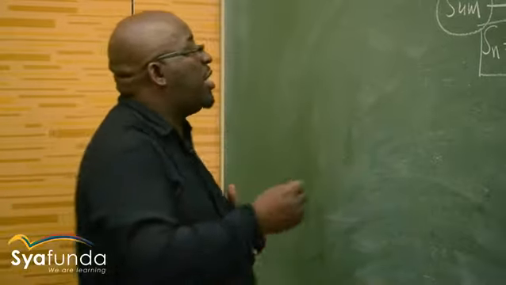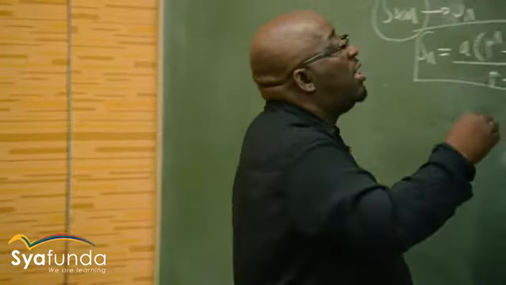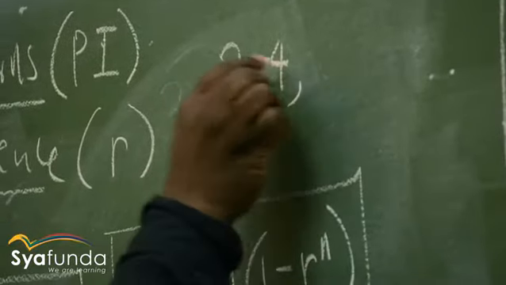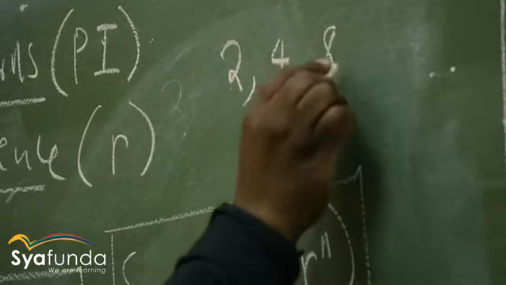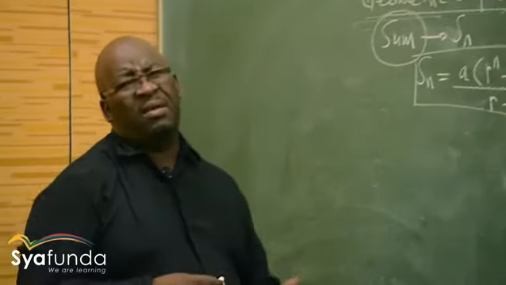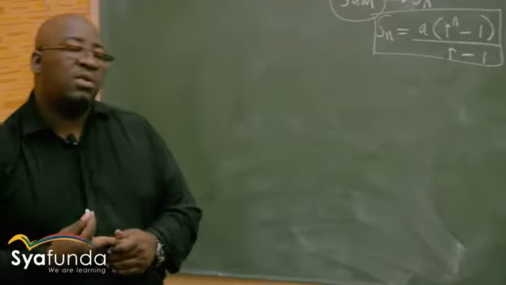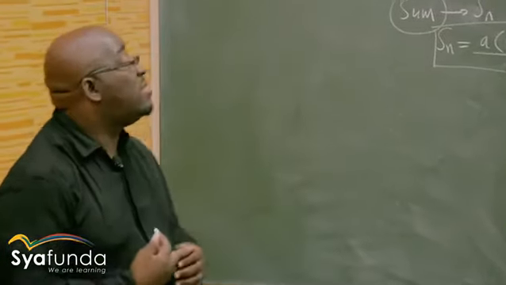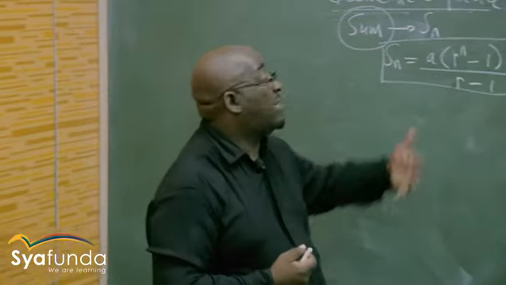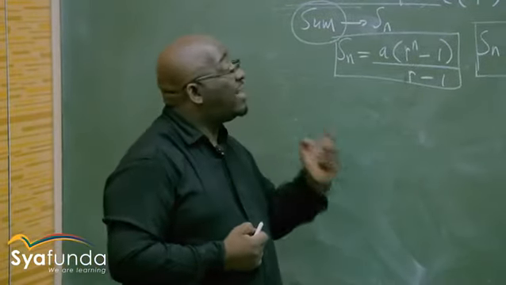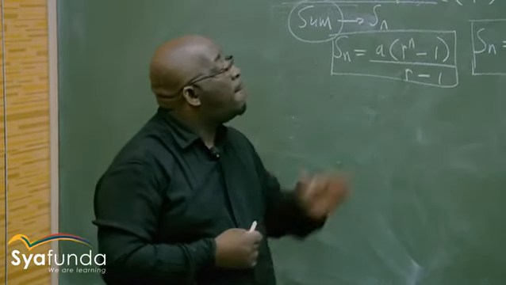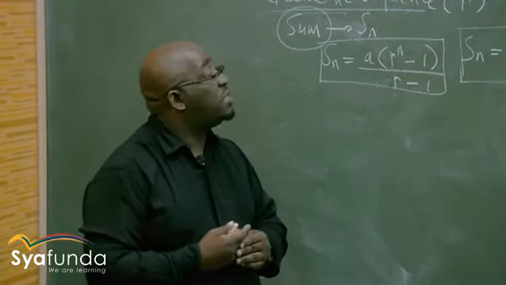But we know that generally, if we've got a geometric sequence like 2, 4, 2 times 2 is 4, 4 times 2 is 8, 8 times 2 is 16. Why the formula? It's only that when we've got big numbers, we can find the formula. But we know that S1 in this particular sequence would be the first term. S1, T1, and A are one and the same thing. T2 is 4.